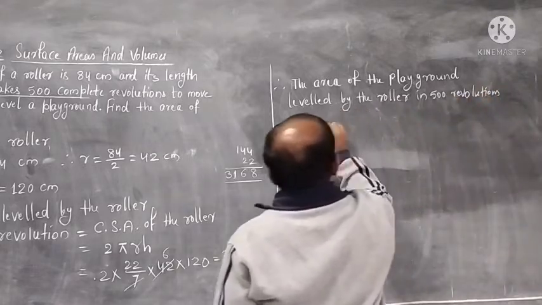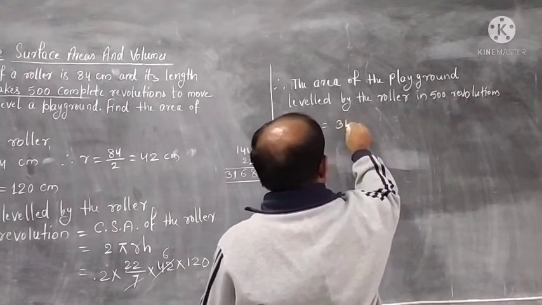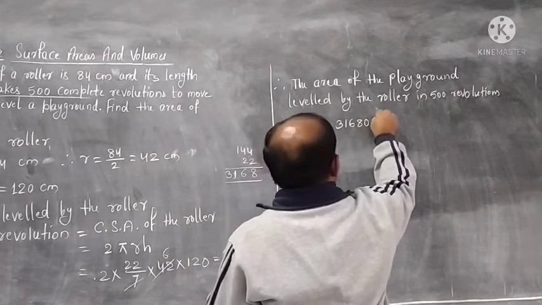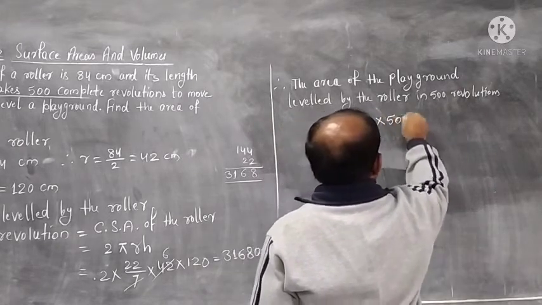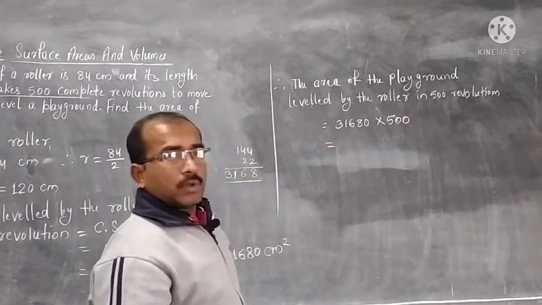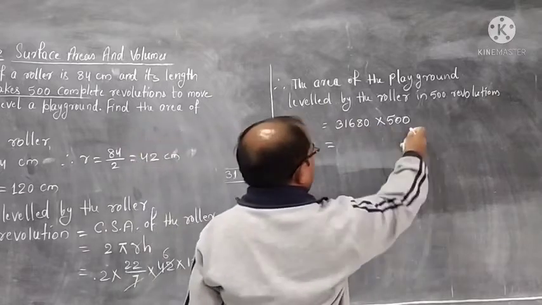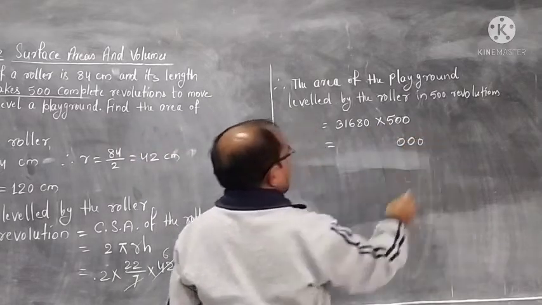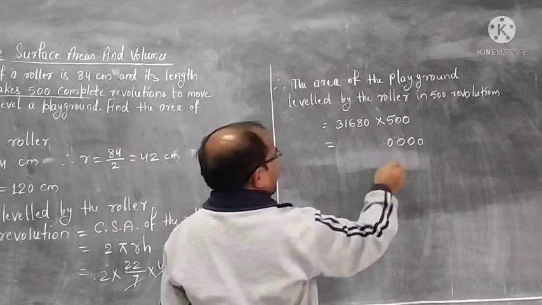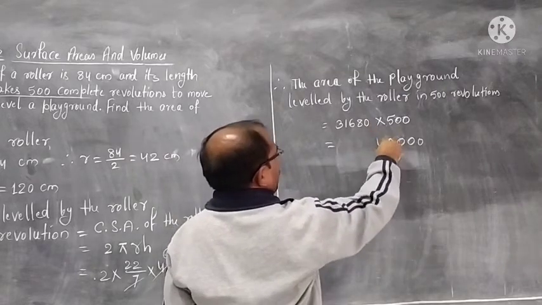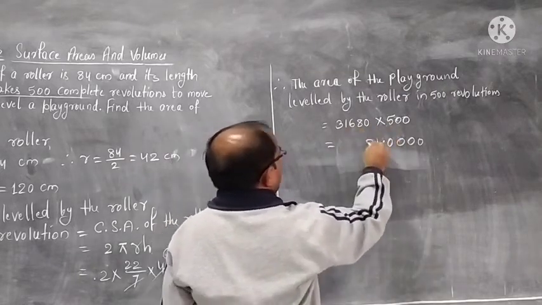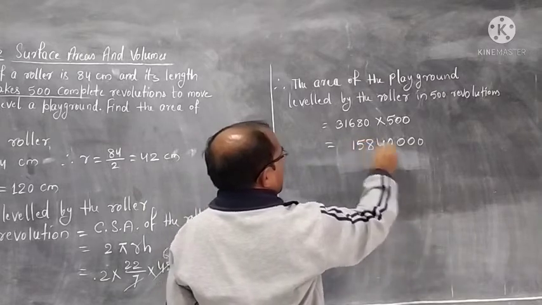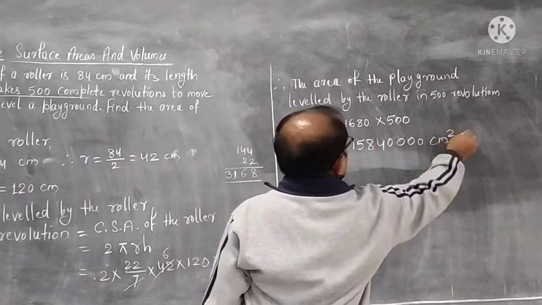In one revolution it is 31680, so into 500 revolutions, multiply by 5. Let us multiply, 3 zeros will be there, let it be. 5 8s are 40, 5 6s are 30 and 4 is 34, 5 1s are 5 and 3 is 8, 5 3s are 15.